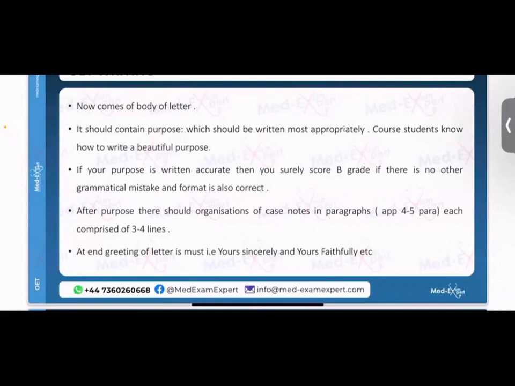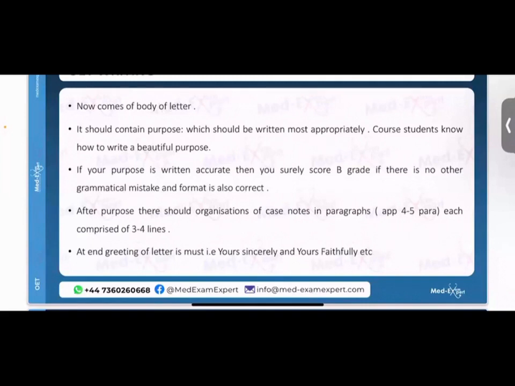After the purpose, make sure you write only 4 to 5 paragraphs, and every paragraph has 3 to 4 lines. If you follow this, then your word count will definitely be in the normal range, which is 180 to 200 words. And at the end of the letter, a greeting is a must, which is yours sincerely or yours faithfully.